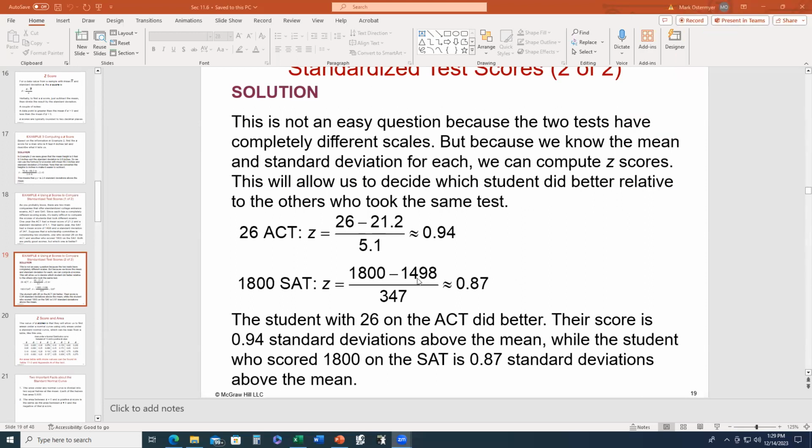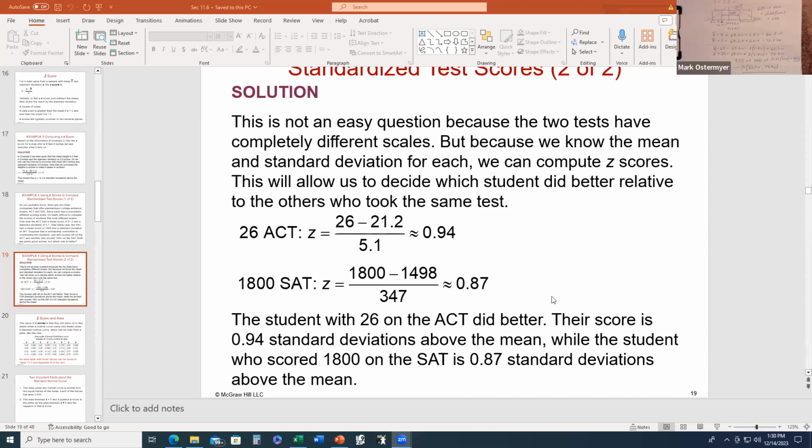You're right. The ACT score is almost one standard deviation above the average score for that exam, as opposed to the SAT score, which is only about 0.87 units above the mean score for that SAT exam. So it looks like, relatively speaking, the student that took the ACT exam and got a 26 scored higher than the SAT student.